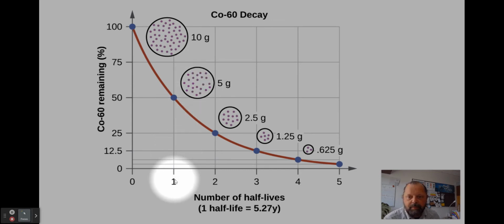It takes the same amount of time to go from 50% to 25%, or we could say to go from 5 grams to 2.5 grams, another half-life. Cobalt-60's half-life is just over 5 years.